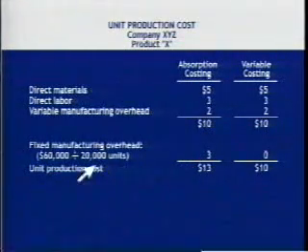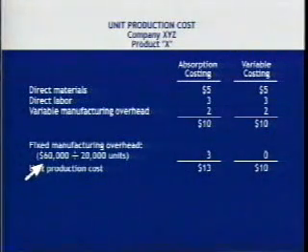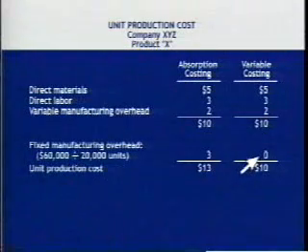Fixed cost per unit is the $60,000 total fixed manufacturing overhead divided by 20,000 units produced. For variable costing, the unit production cost is $10 because it excludes fixed manufacturing overhead. Fixed selling and administration expenses are excluded from per unit cost in both absorption costing and variable costing.